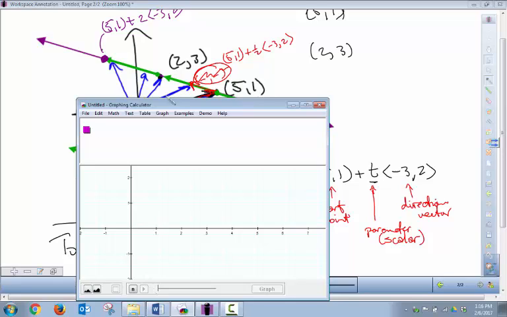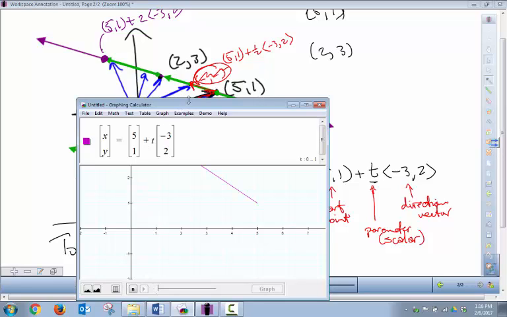Let's call it xy is equal to, and this is how we create vector functions in this particular program. So we got 5,1 for our point plus t times the vector, and the vector is minus 3, 2.